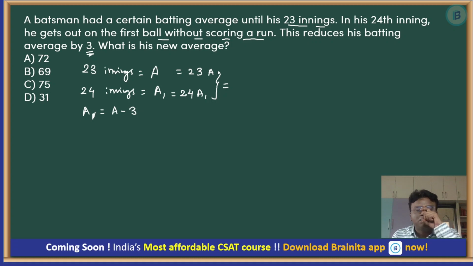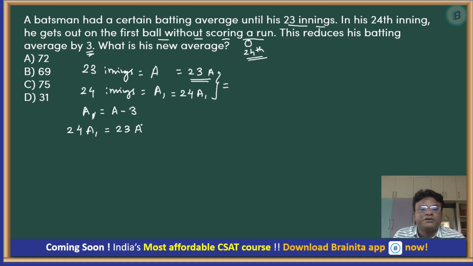Why? Because he got out on 0 in the 24th inning, right? So if he scored 0 runs in the 24th inning, even after 24 innings, his total number of runs would be 23A. So the other equation that we get is 24A1 is equal to 23A.